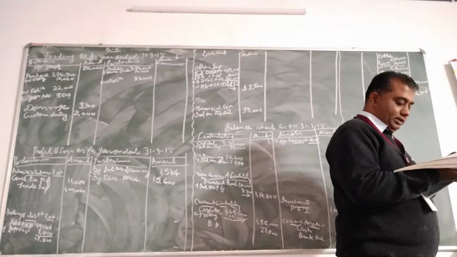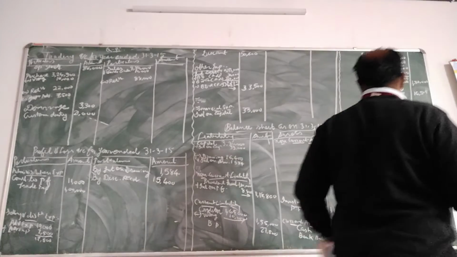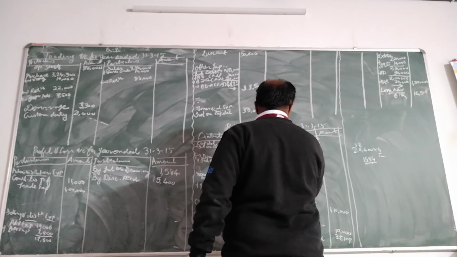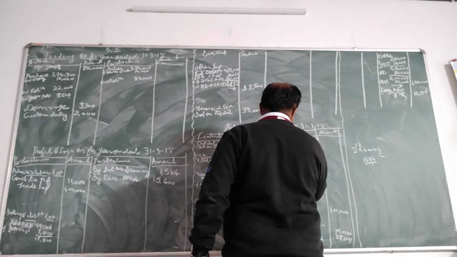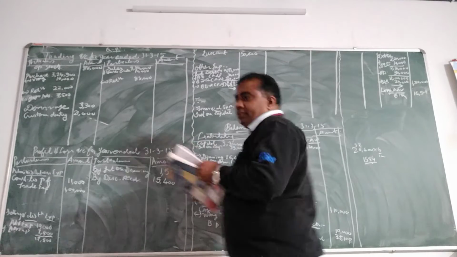Then fixed asset. Fixed asset is 4,80,000. In the inner column, fixed asset 4,80,000. Now read the adjustment.